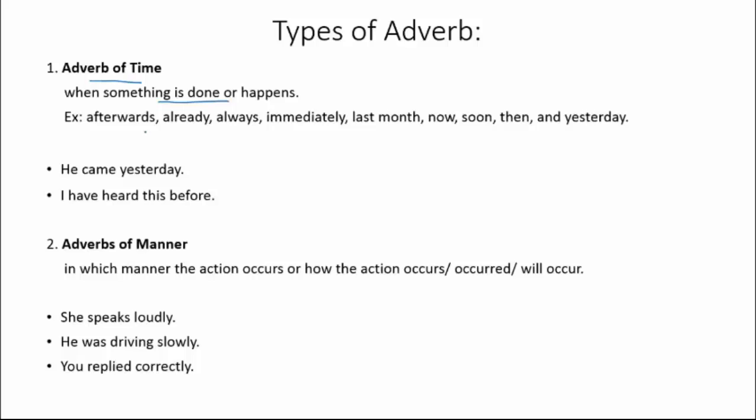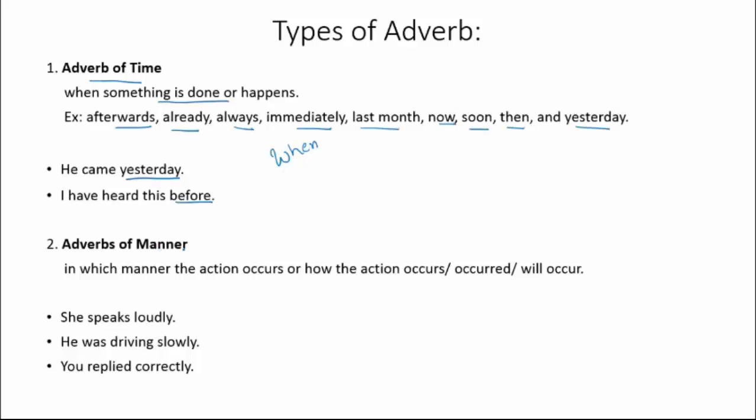Some examples are afterwards, already, always, immediately, last month, now, soon, then, yesterday. For example, he came yesterday. I have heard this before. These are adverbs which tell about the time, that is, when.